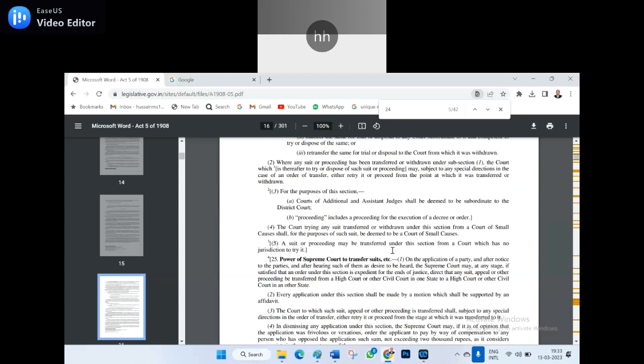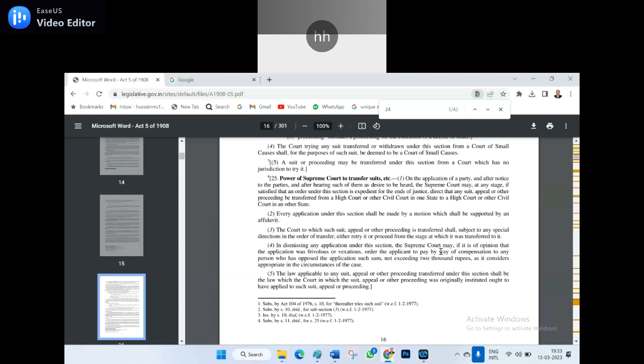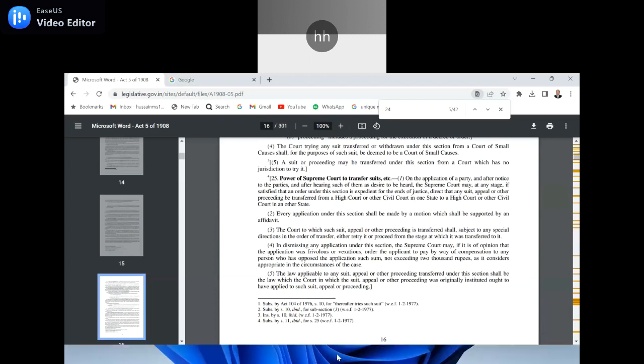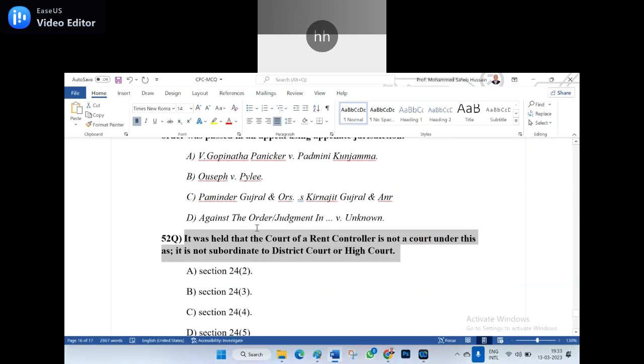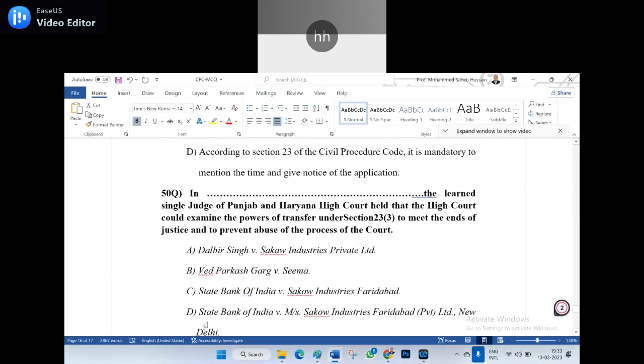A suit or proceeding may be transferred under section from a court which has no jurisdiction to any trial. 25, then it came 25. I think let us make it subject to correction. Which one is this? Let me try in another way, so that we could know which is the right answer for this question.